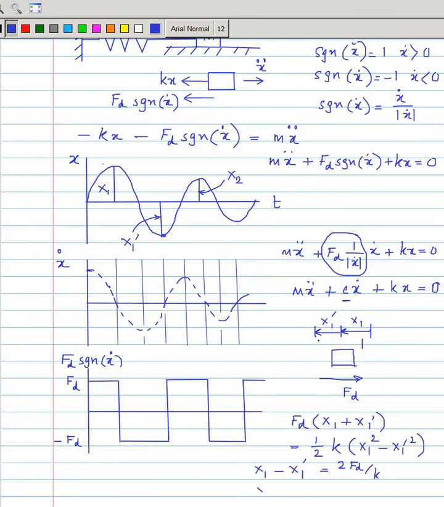So it moves first x1 dashed, then it will move x2.